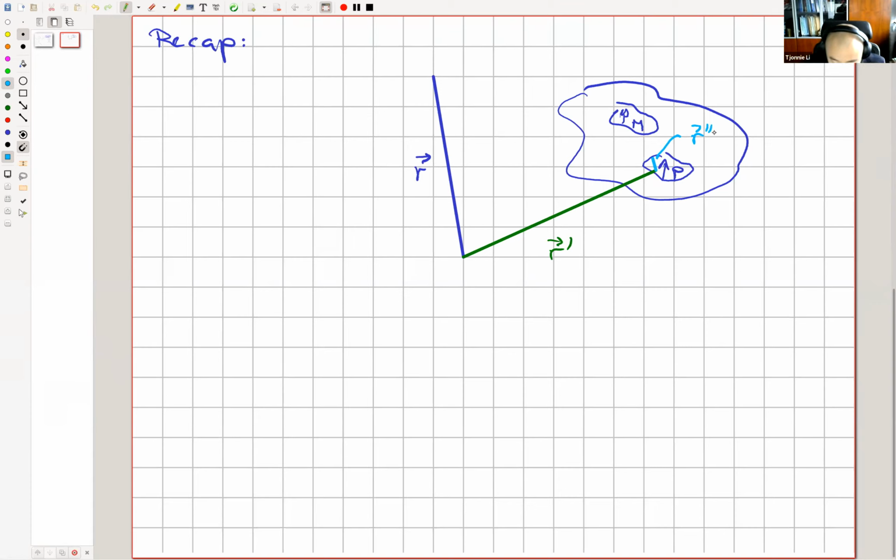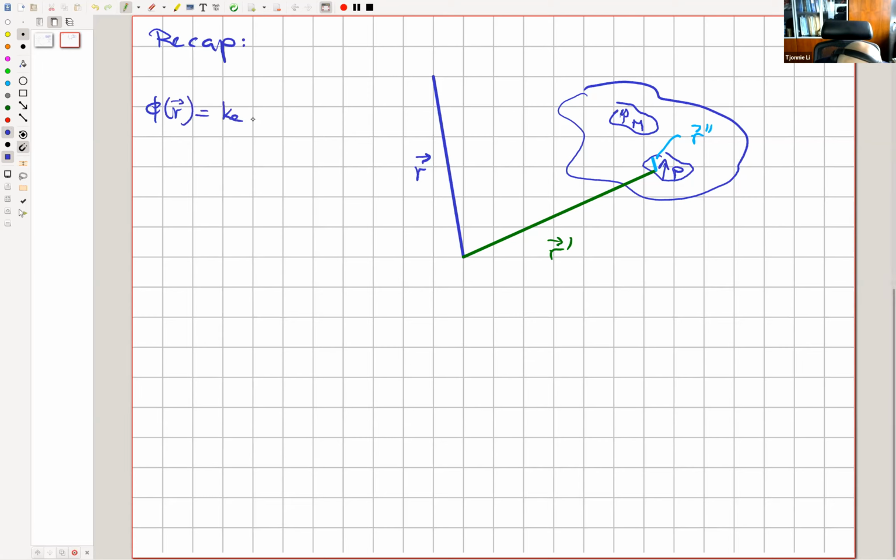And so last time around we looked at how to write down the scalar potential and the vector potential in a relevant way. So just to recap again, here is the scalar potential.